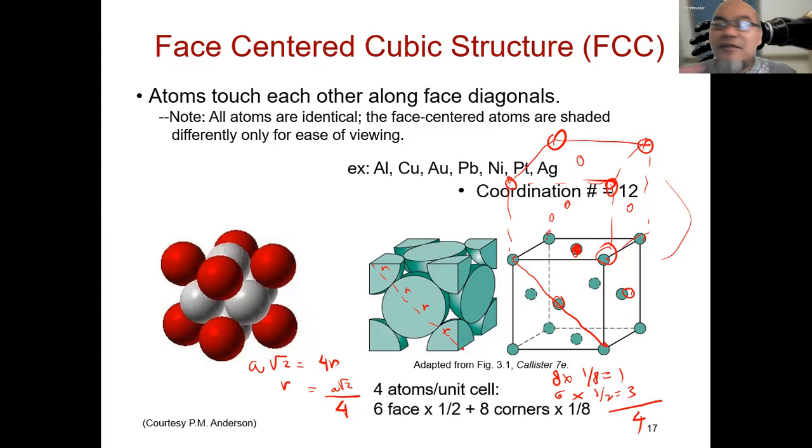So you have to draw it in 3 dimensions so that you know how many atoms are there. For example, in the vicinity of this atom, 1, 2, 3, 4 in this plane. Then we have another 4 in this plane, 1, 2, 3, 4. Then we have another 4 at this edge, 1, 2, 3, 4. So total 4 times 3 is 12.